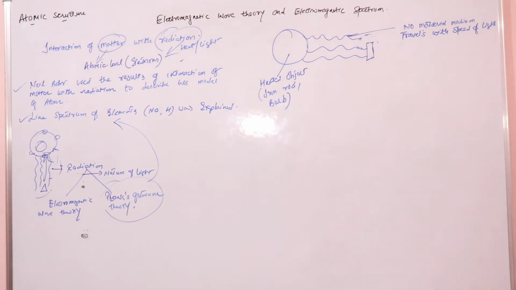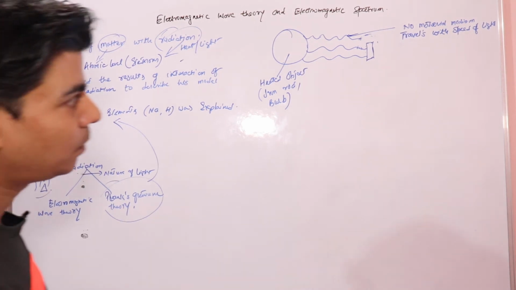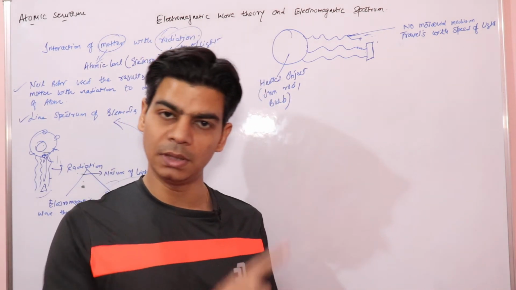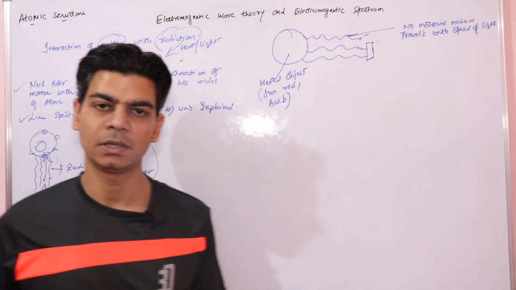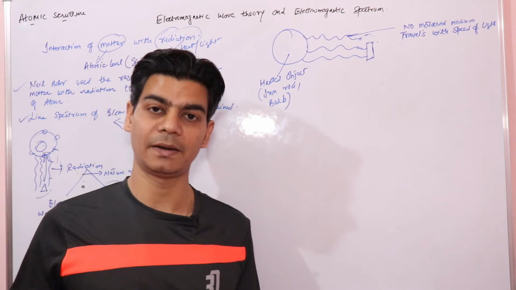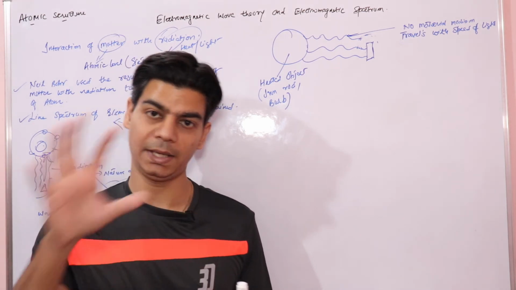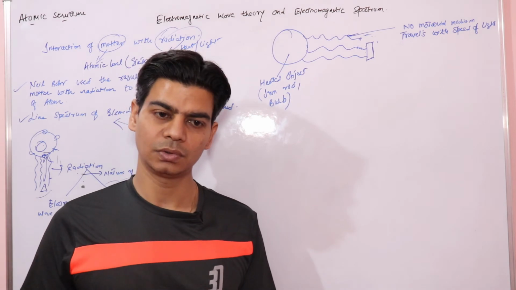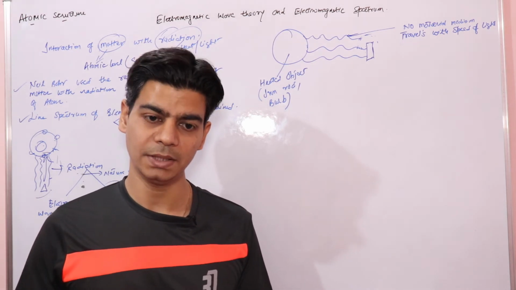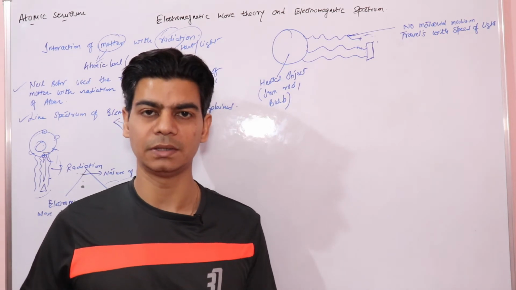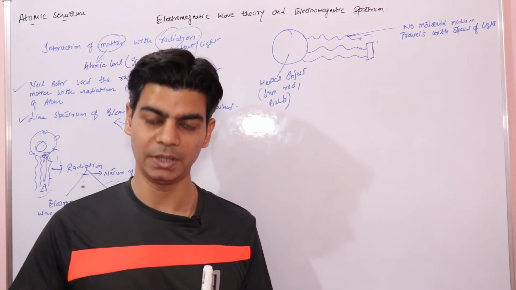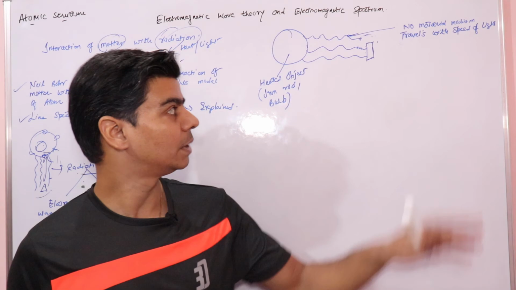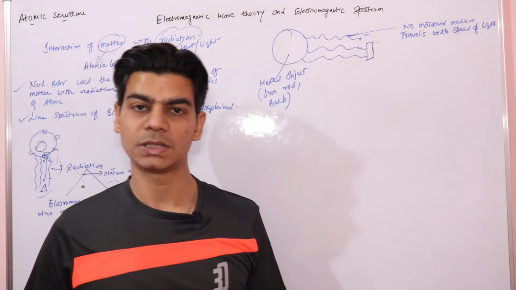If you remember, we have studied in the Rutherford model of atom, there was one point where we mentioned that the electrons revolving around the nucleus are charged particles. When they revolve, they are accelerating, to be correct. Since they are accelerating, they will emit waves, and when they emit waves, the electron is losing energy because it's emitting electromagnetic waves or radiations.